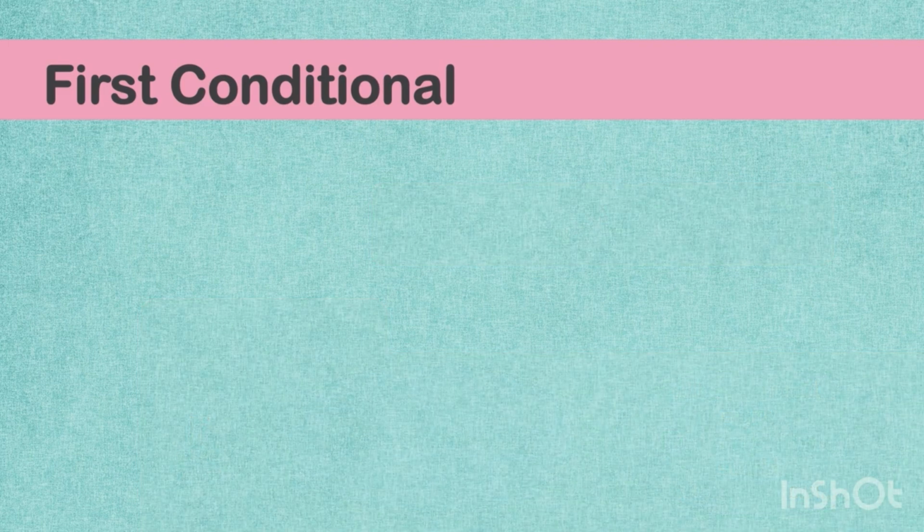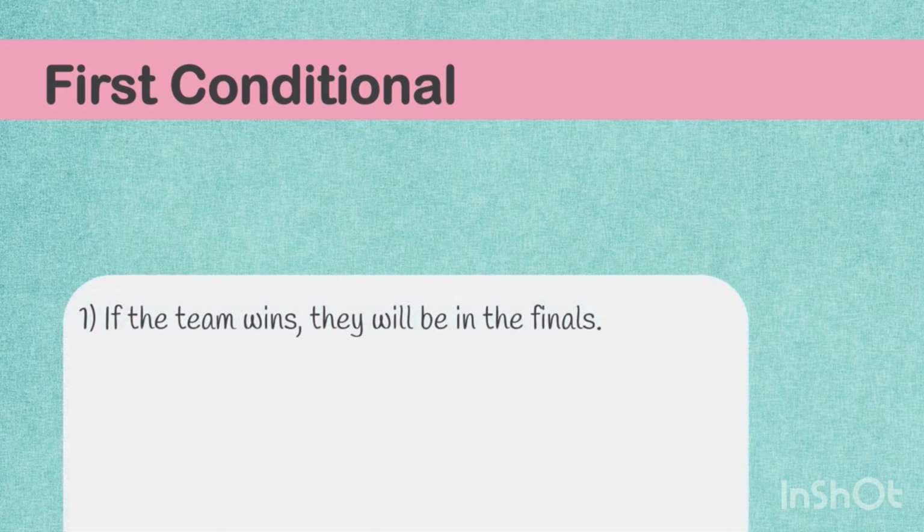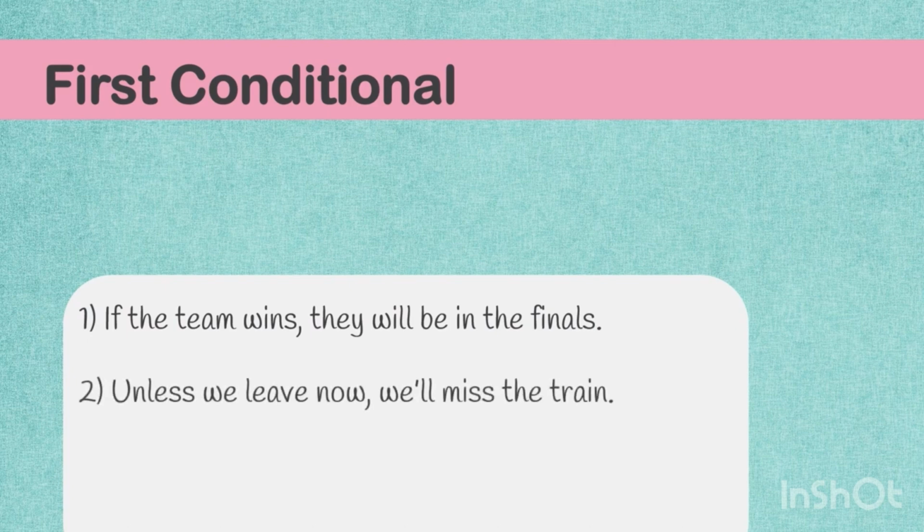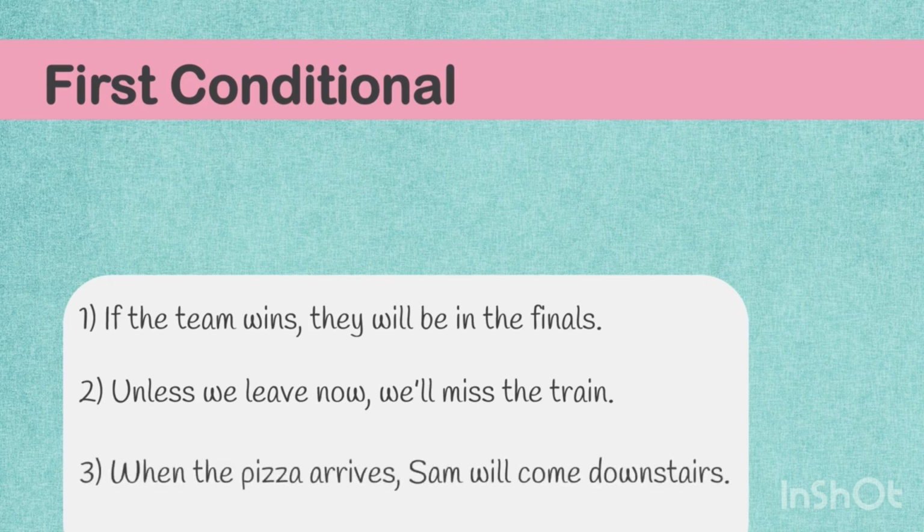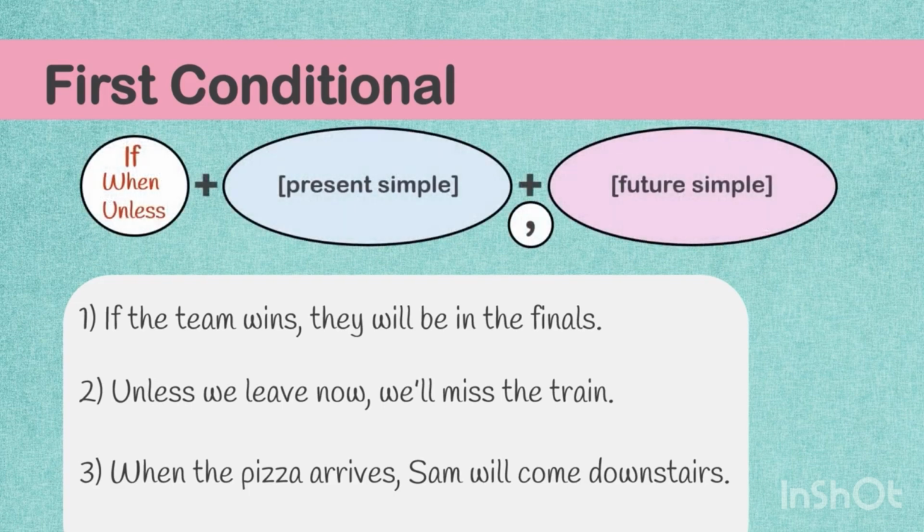Now we know the structure of first conditionals, let's take a look at a couple more examples. The first. If the team wins, they will be in the finals. The second. Unless we leave now, we'll miss the train. The third, when the pizza arrives, Sam will come downstairs. We know they are first conditional because they follow this structure.